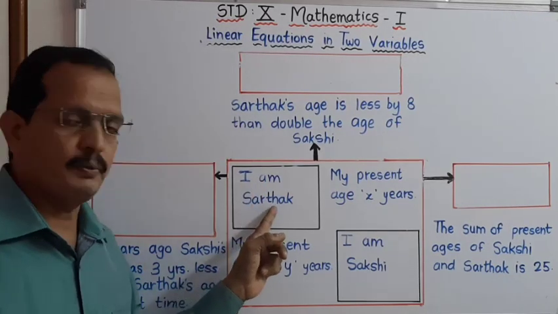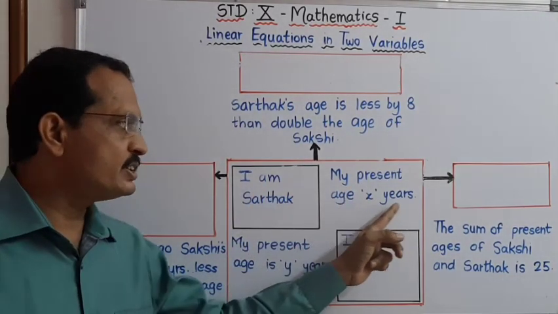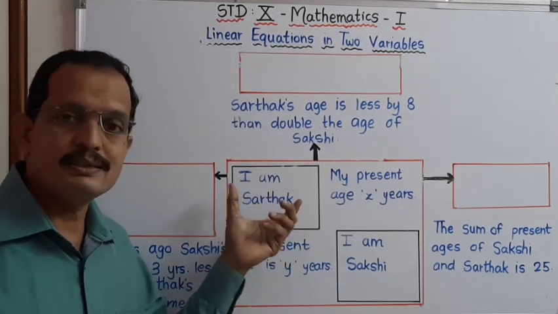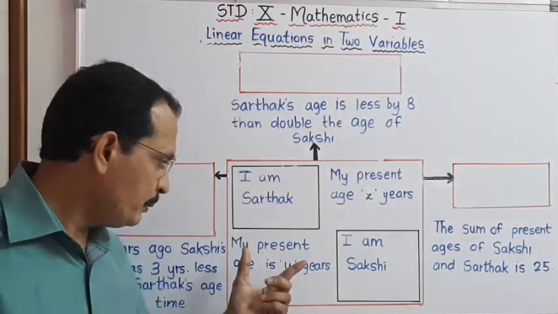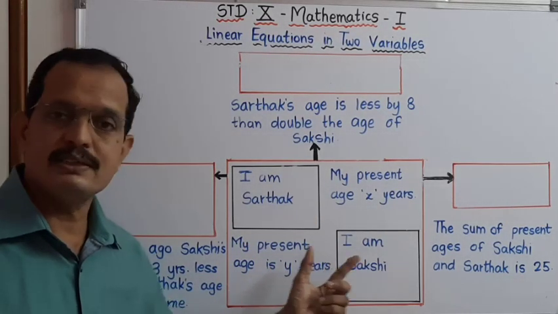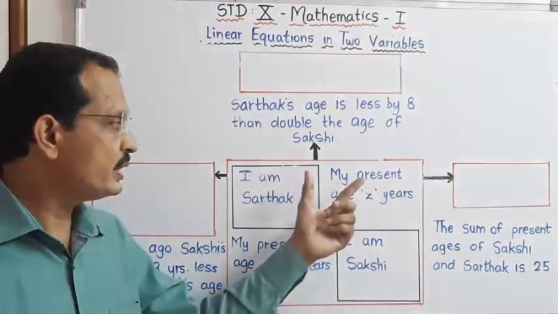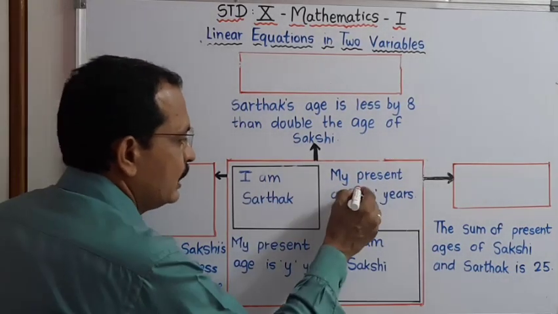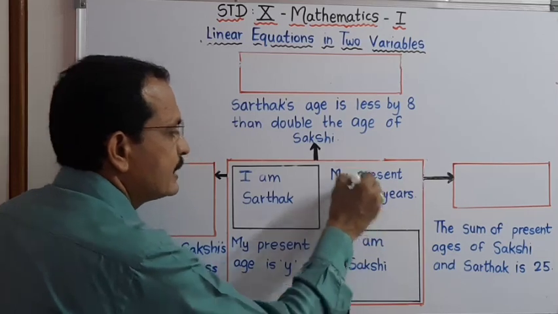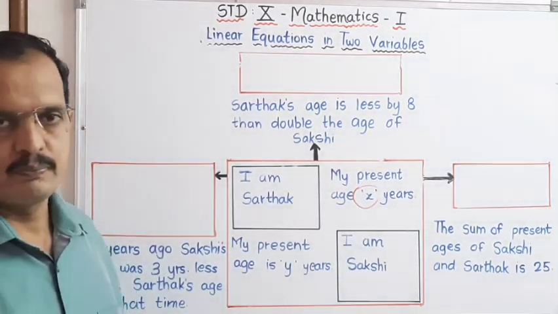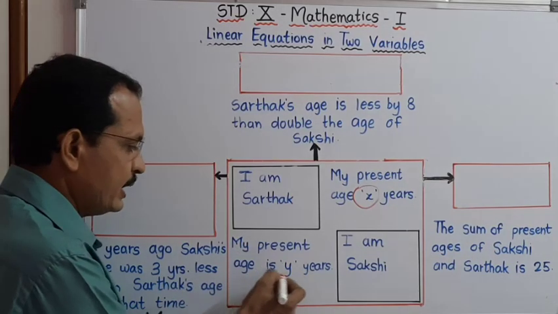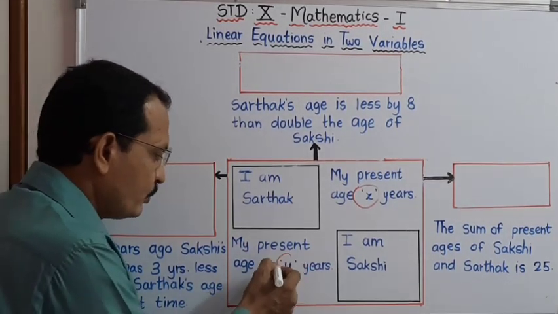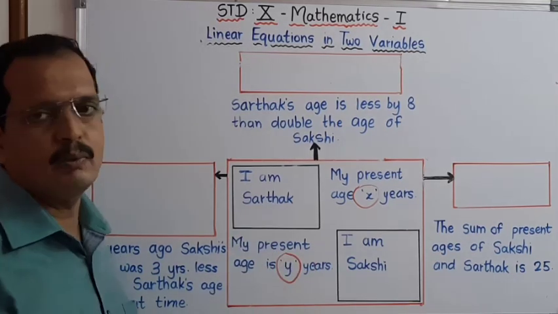I am Sarthak and my present age is X years. That means the present age of Sarthak is one quantity and the present age of Sakshi is the second quantity. For the first quantity we use X as one variable. Then the present age of Sakshi is the other quantity, and for that we use another variable, Y.